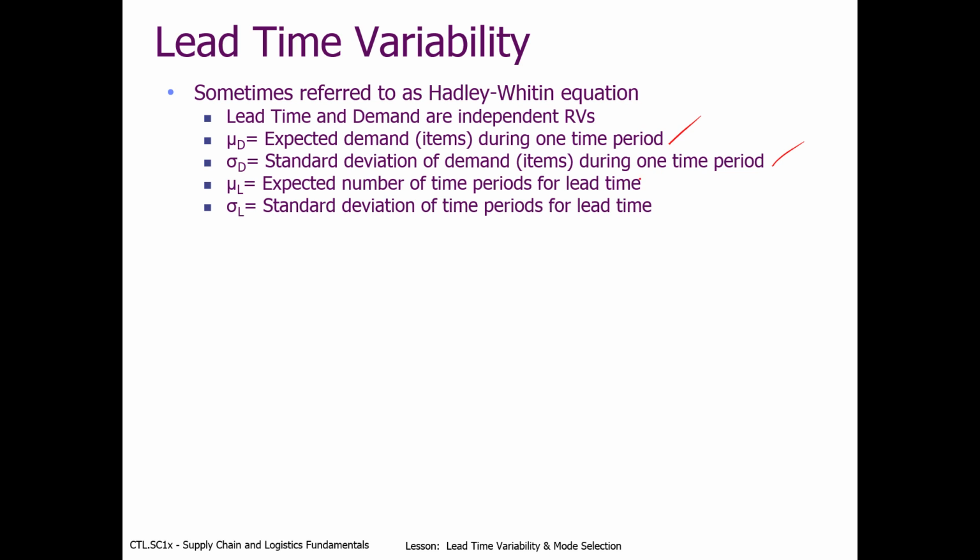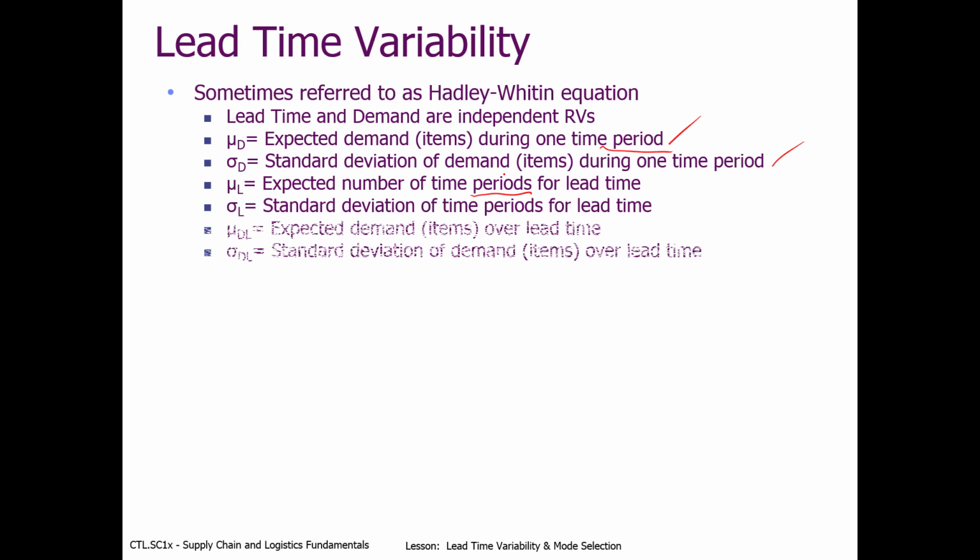You have mu L, the expected number of time periods for that lead time, and the units of time periods need to be the same here, whether it's days or weeks or months. You have to be consistent. And sigma L is the standard deviation of time periods for that lead time. What we want to find is the expected demand of items over lead time, that's mu dl, and sigma dl, the standard deviation of the demand of items over lead time.